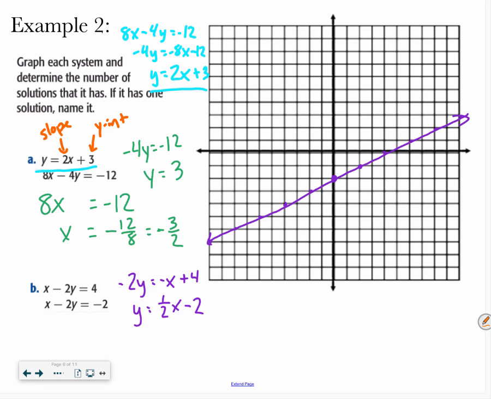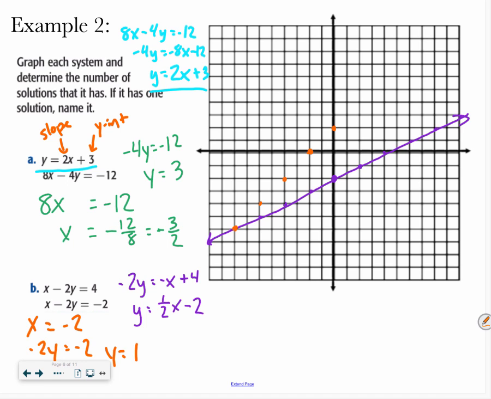Or if I do it the other way, I can say x equals negative 2, or negative 2y equals negative 2. So y equals 1. So if I graph those two, x equals negative 2 here, y equals 1 here. It's a little harder to keep going, but I can see my slope is 1.